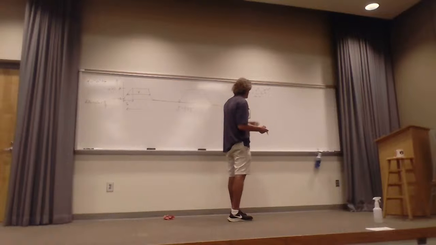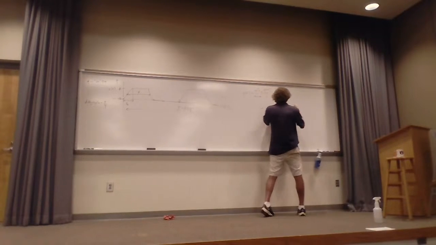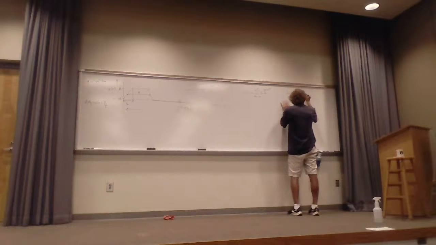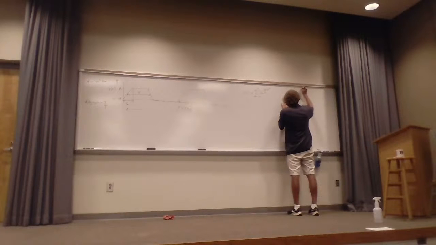When I have that, I can also say that the value of C sub n can be found in a couple of ways. The most fundamental is 1 over the period, and I can prove this if you'd like, times the integral from minus T over 2 to T over 2 of the function, in this case v of t, times e to the minus j n omega naught t dt.